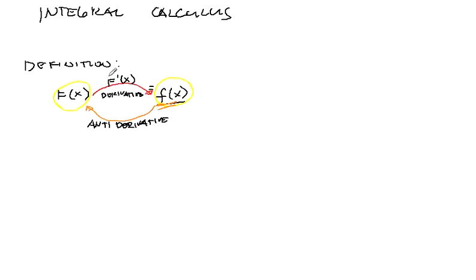By the definition, that is the simple explanation of the derivative and the antiderivative. It only means that the exact but opposite operation of the derivative is the antiderivative, or what we call the integral.